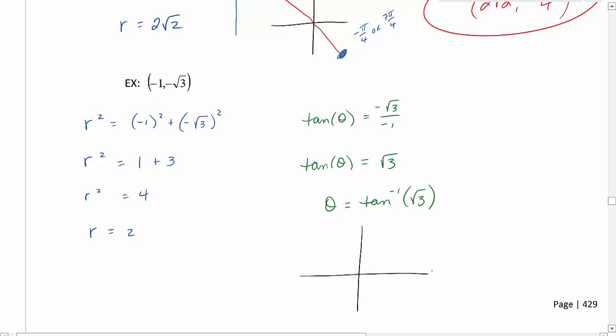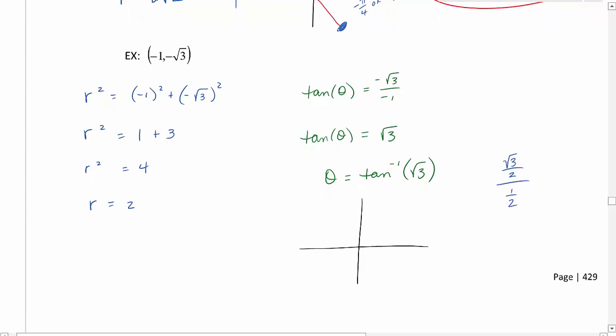Figure out where tangent is equal to square root of 3. That happens when our y value is square root of 3 over 2 and our x value is a half. And since we're looking at a positive number, we got to be in quadrants 1 or 3. So we got these triangles here with a 60-degree reference angle. We got to figure out which one we want.